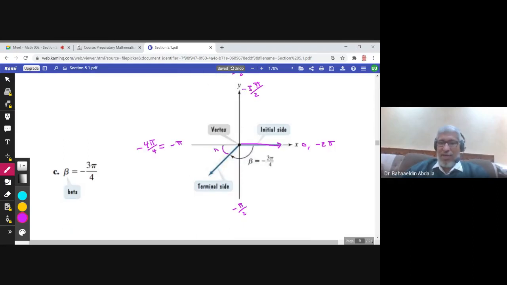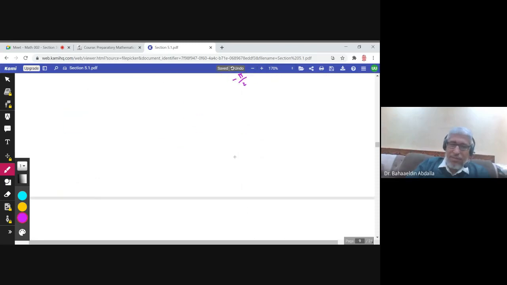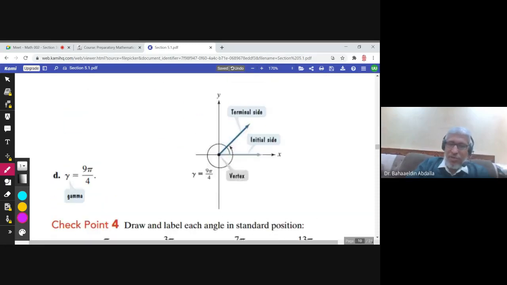So this angle is pi over 4, and then the angle from here to here would be negative 3 pi over 4. So this angle is negative 3 pi over 4 in standard position. This is the initial side of this angle, and this is the terminal side, and this is the vertex of this angle. Please pay attention to this method.